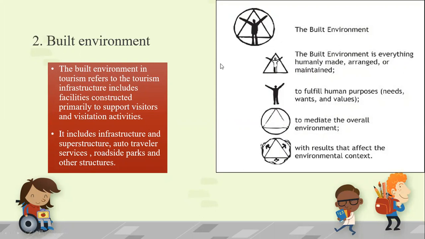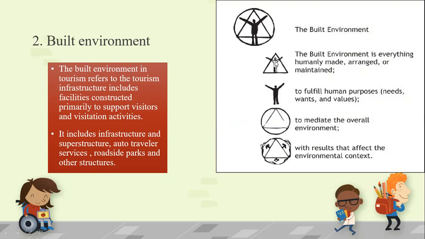Here you can see a pictorial representation of built environment. Built environment is everything that is humanly made, very easy for you to understand. Everything that is humanly made is part of the built environment. It fulfills human purposes to mediate the overall environment, with results that affect the environmental context.